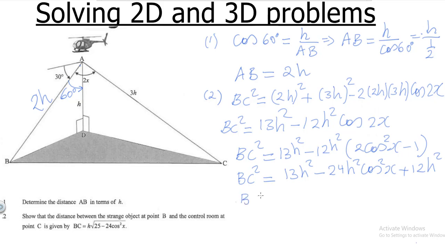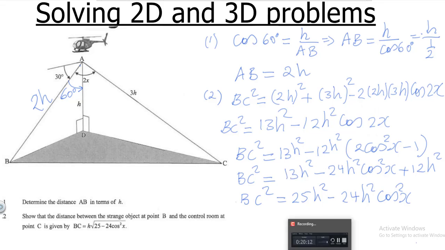So BC squared, if we add this, will give you 25h squared minus 24h squared cos squared x. I want you to continue from here. I want to see what you're going to find. Pause the video, try to continue and get the correct answer. Thank you.